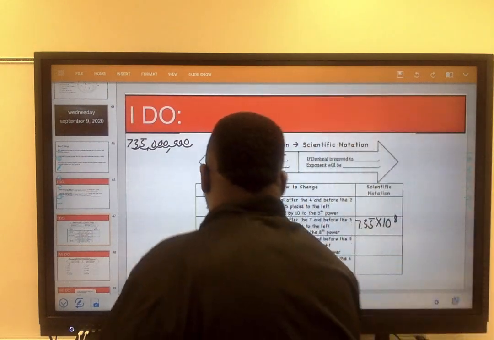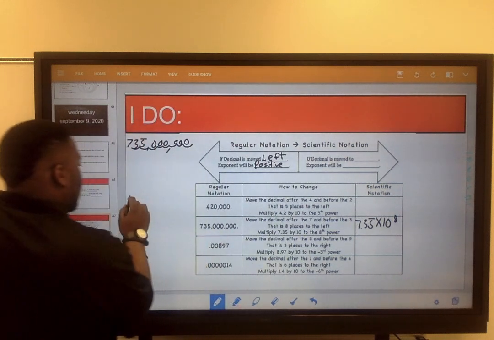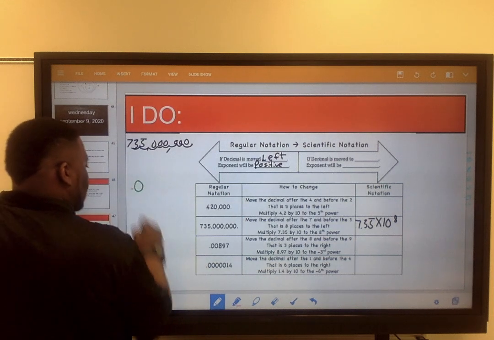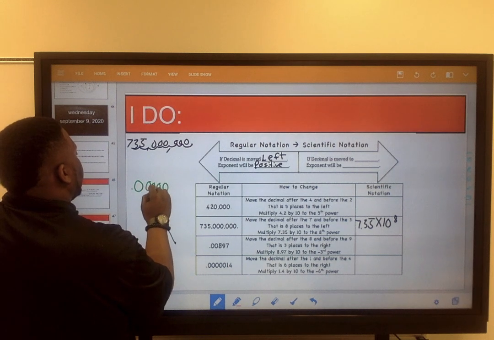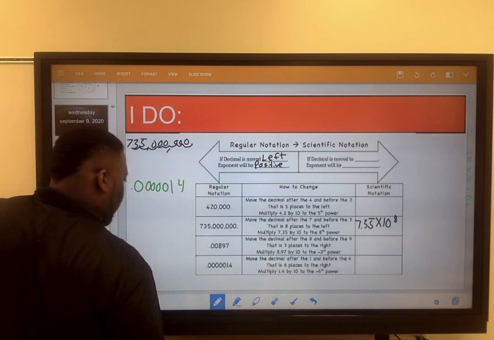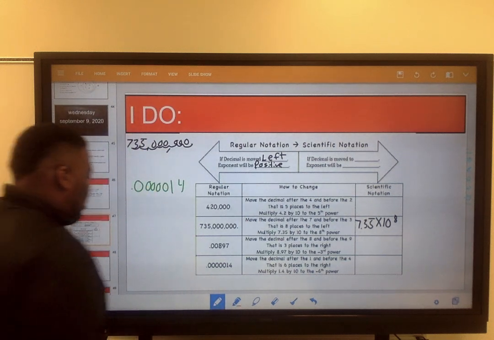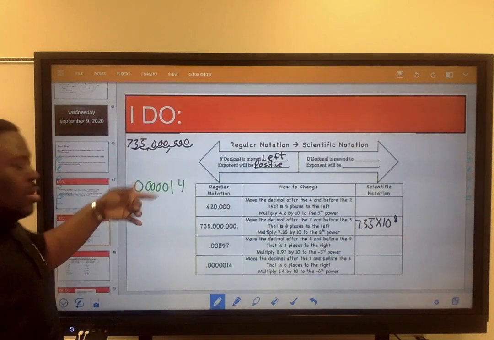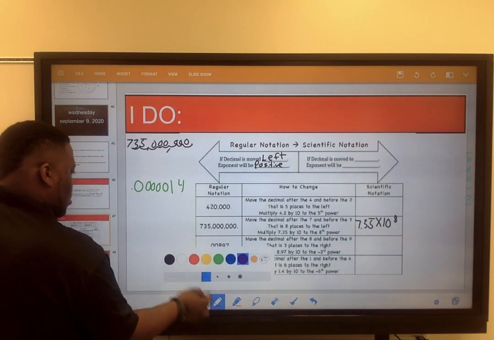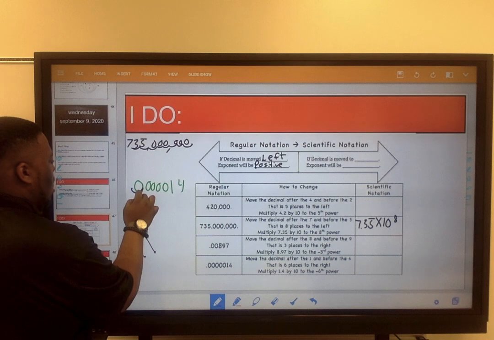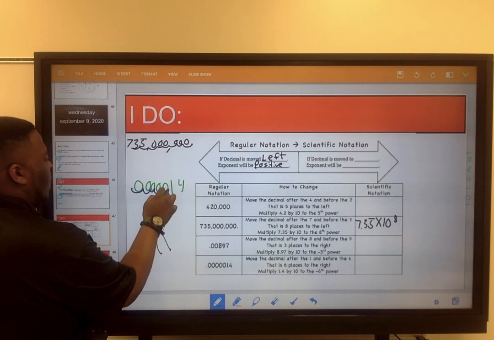Next example. We're on green, money green. Let's do this last one right here. How many is it? 1, 2, 3, 4, 5. Sometimes zeros can get tricky, especially to the eyes. So let's start at the decimal and count together. Ready? Start at the decimal. 1, 2, 3, 4, 5.